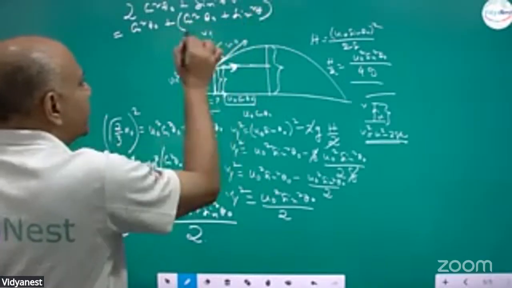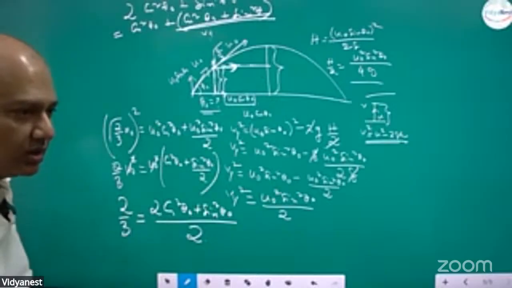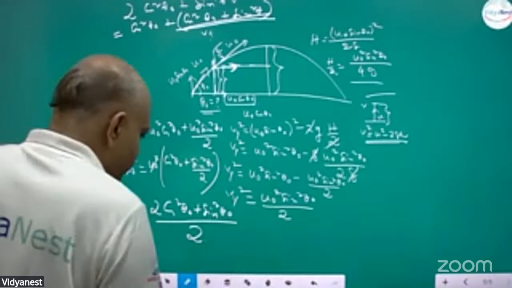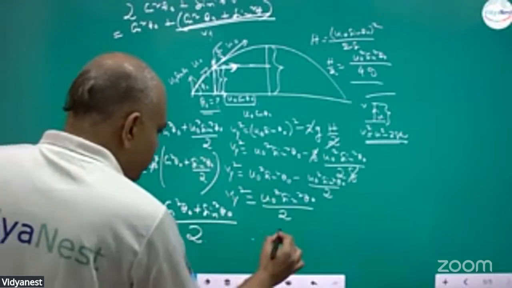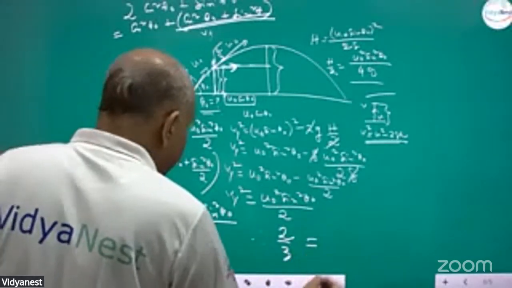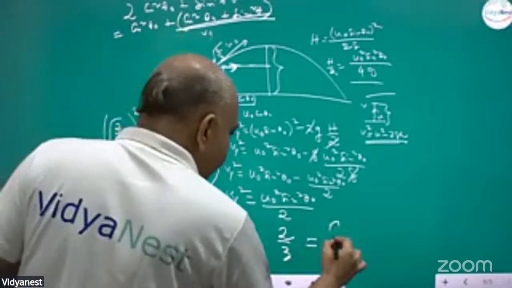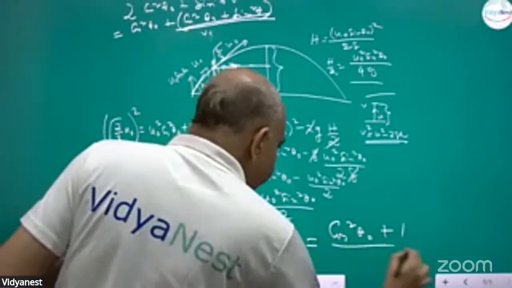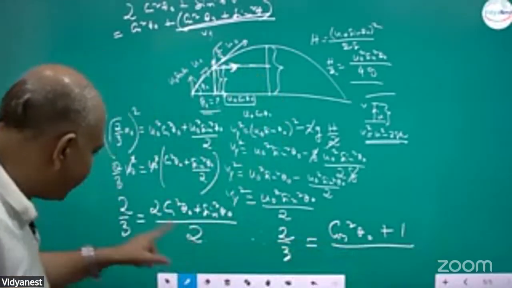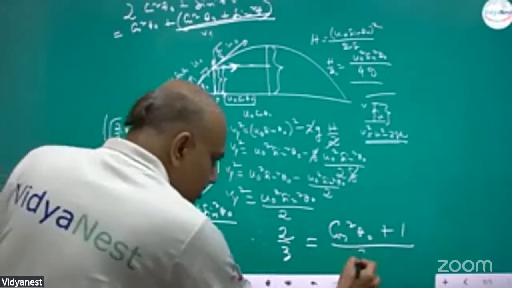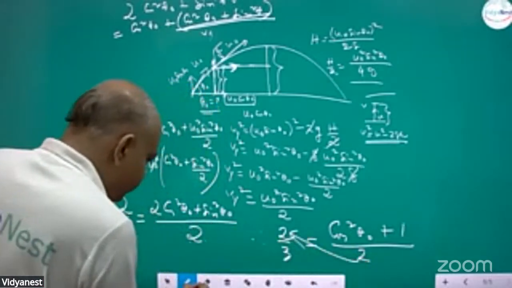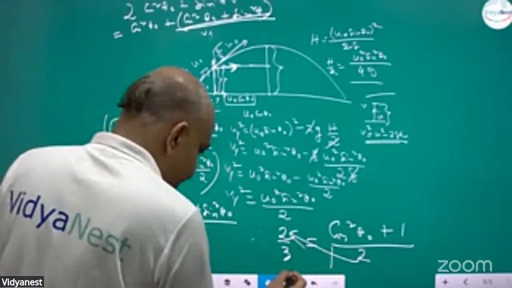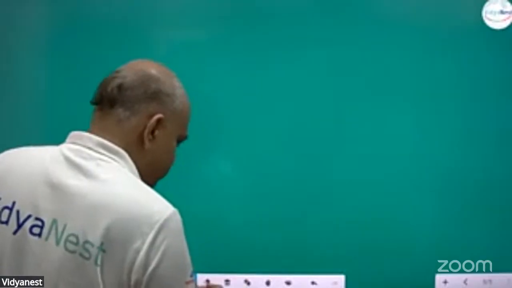This part becomes 1, isn't it? Yes, sir. So we can write 2/3 is equal to cos square theta naught plus 1 divided by 2. Now I multiply with this 2, cross multiplication. So what will come?